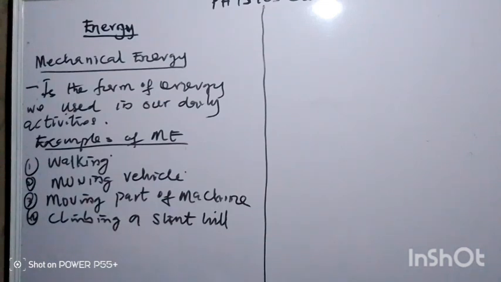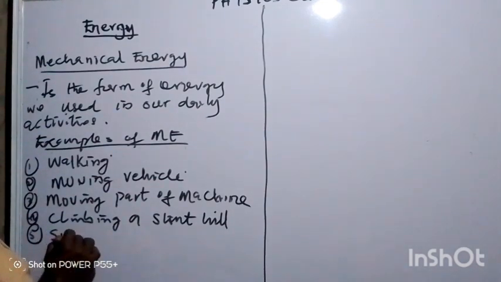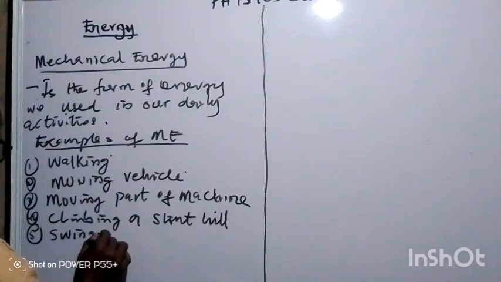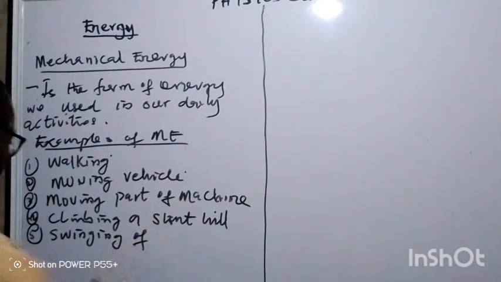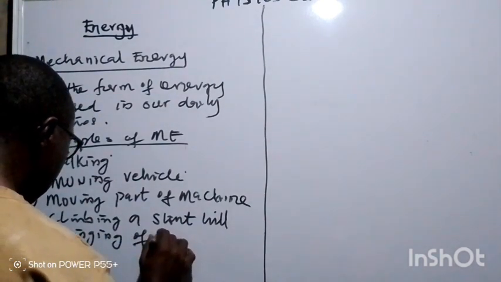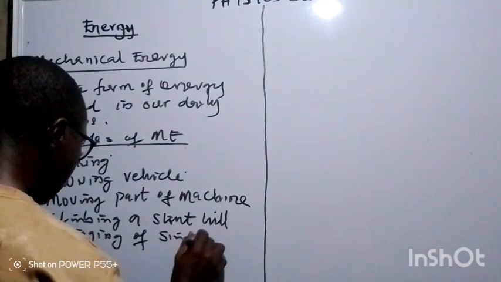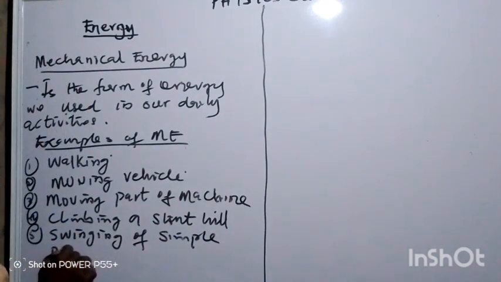Climbing a slant, hill or mountain, we make use of mechanical energy. Number 5. Swinging of a simple pendulum bob.